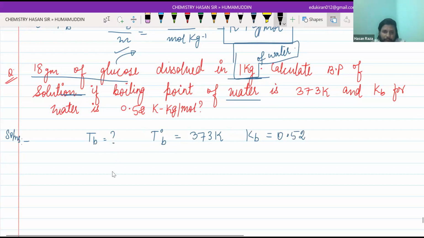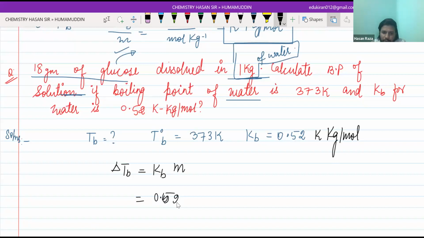Now, delta TB has a formula equal to Kb into m. Kb is directly given, which is 0.52 Kelvin kg per mole. So you can directly apply 0.52 into molality m. And we know how to calculate molality. Molality is equal to the number of moles of solute upon mass of solvent in kg.